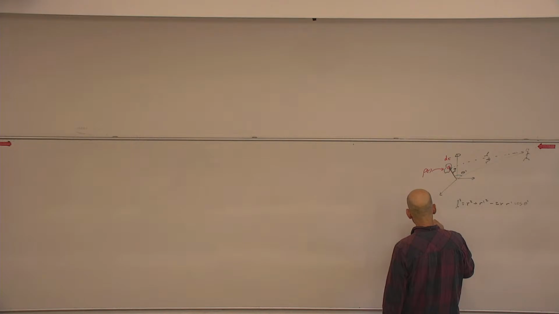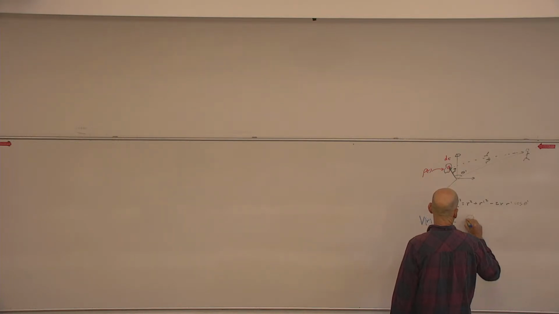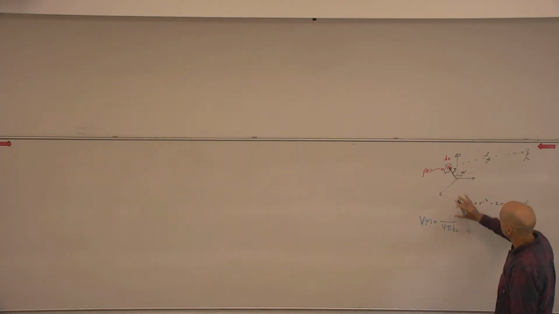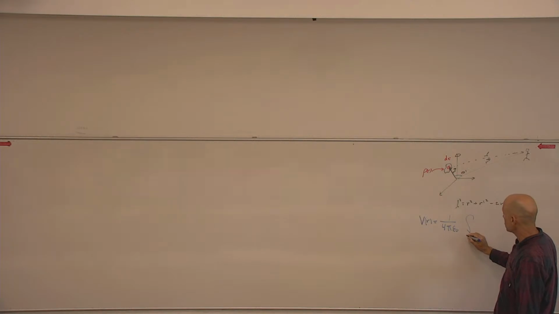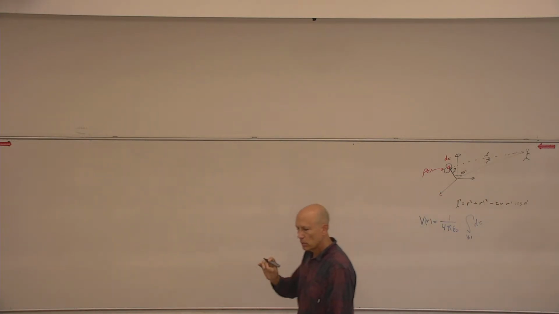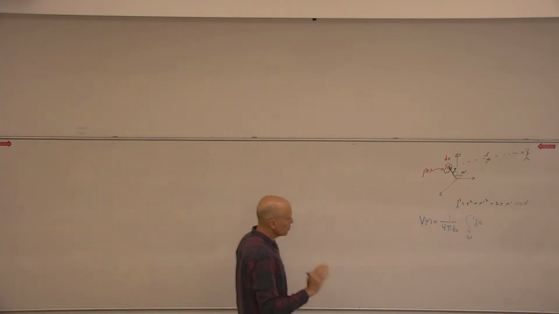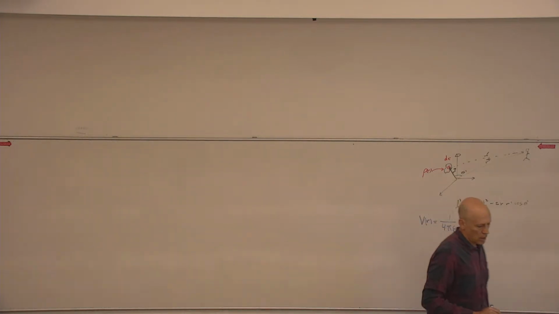So V of r is the following. It's 1 over 4 pi epsilon 0 times an integration, a three-dimensional integration over the volume. So let's write it like this, where Griffiths denotes d tau. That's dx, dy, dz inside the box. The usual d tau of Griffiths.